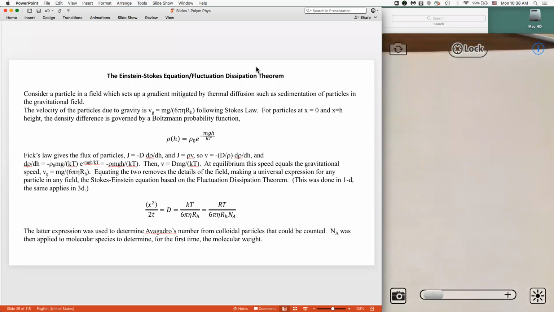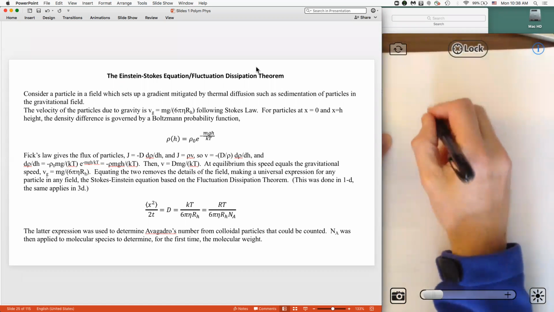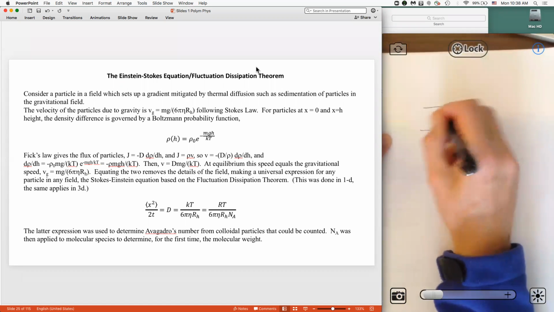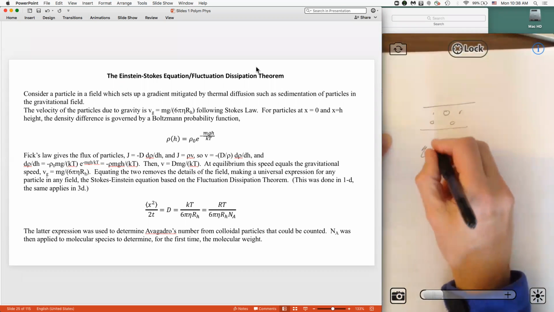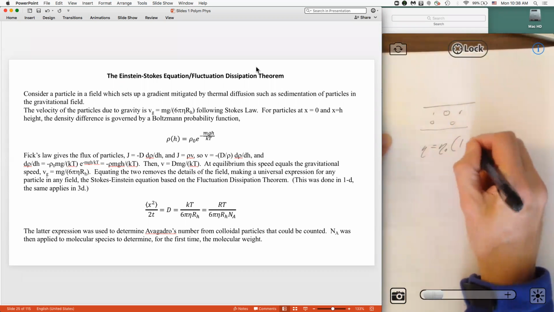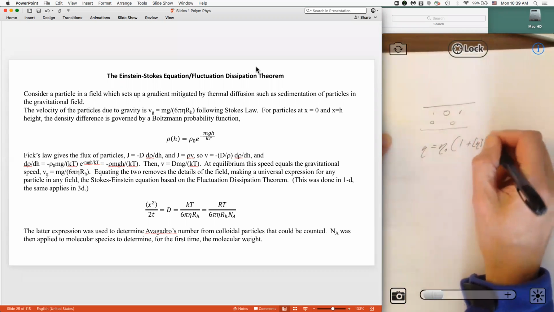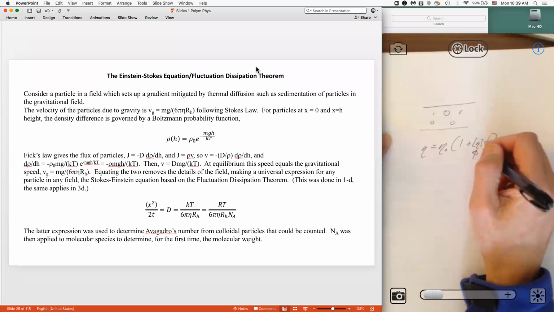And he also figured out that if you have a system of flow where you have particles in a system, then the viscosity is going to be the solvent viscosity times 1 plus the concentration times the intrinsic viscosity. And for spheres, he figured out that the intrinsic viscosity is, what is it?